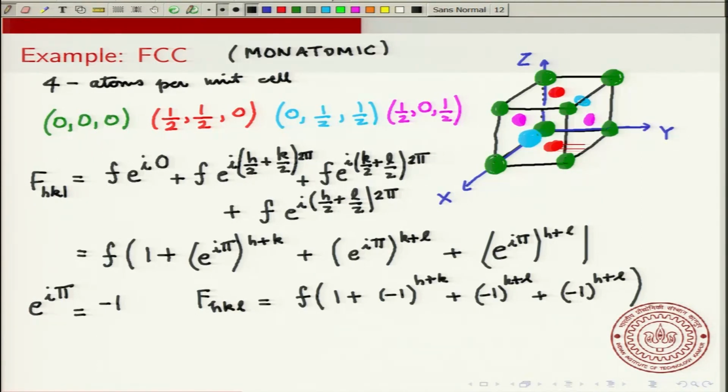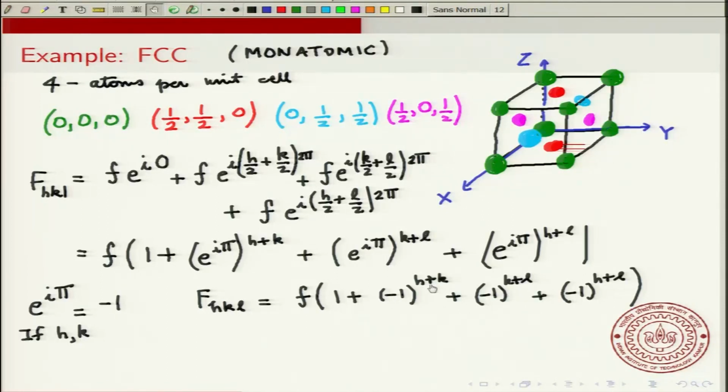Okay. So, you can see that if h plus k is odd, then this term will be minus 1.